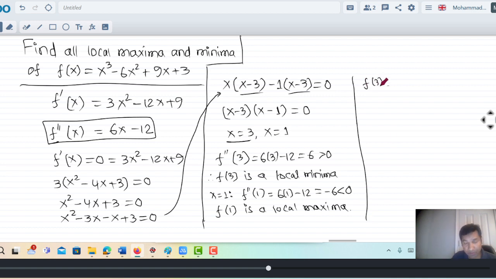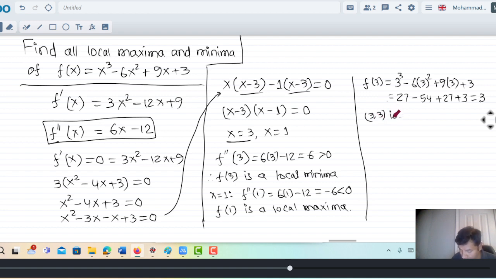Plug in: f(3) is 3 cubed minus 6 times 3 squared plus 9 times 3 plus 3, which is 27 minus 54 plus 27 plus 3, which is 3. So (3, 3) is a local minima.